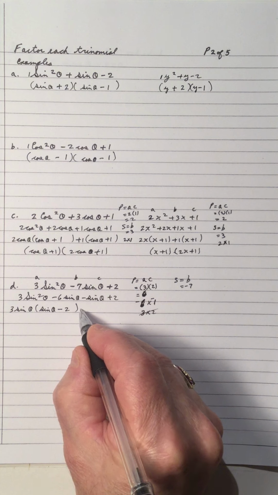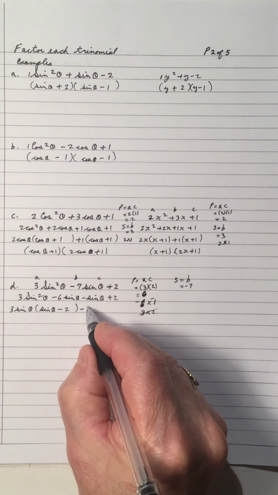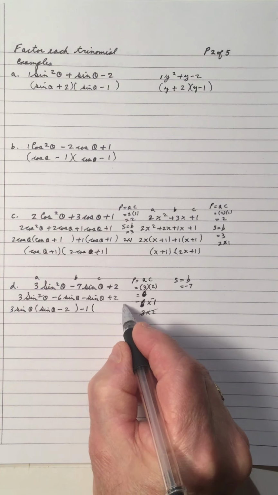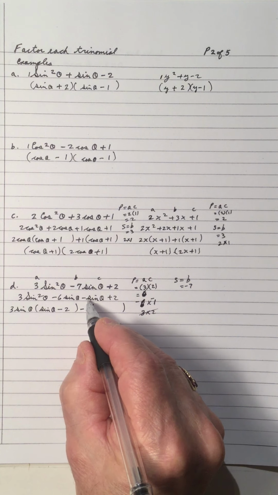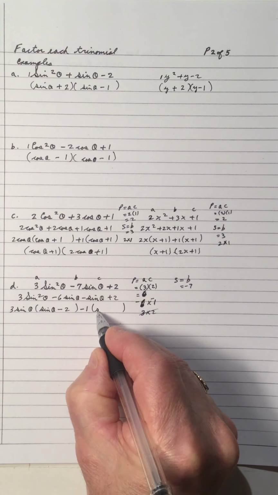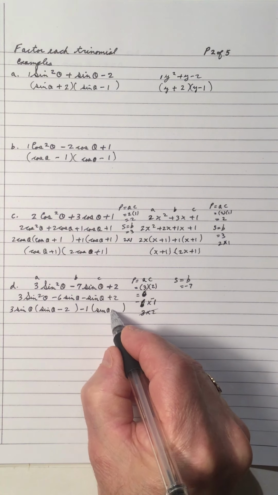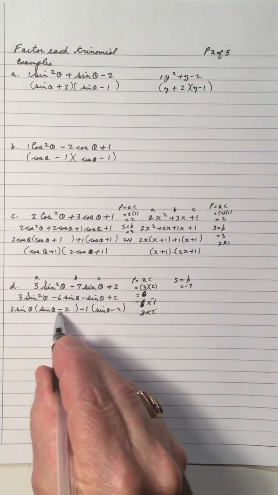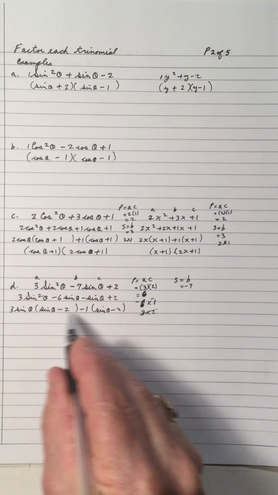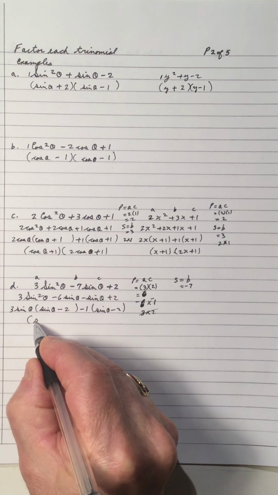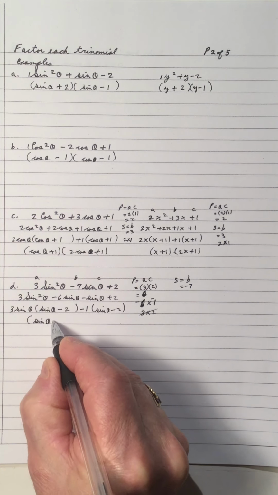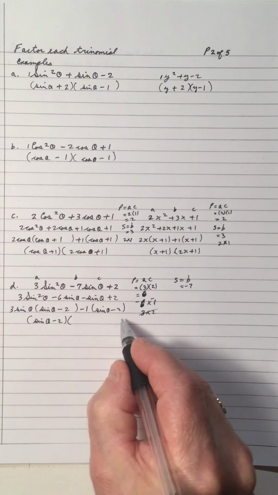And I see a negative here, so I take a negative. There's no GCF, always a 1 though. So negative sine theta divided by negative 1 is sine theta, and a positive 2 divided by negative 1 is negative 2. Notice that this binomial here and here are the same. So sine theta minus 2 is common.